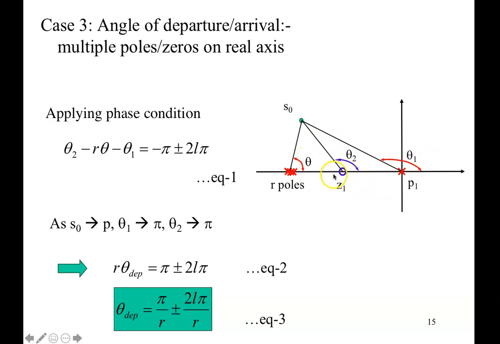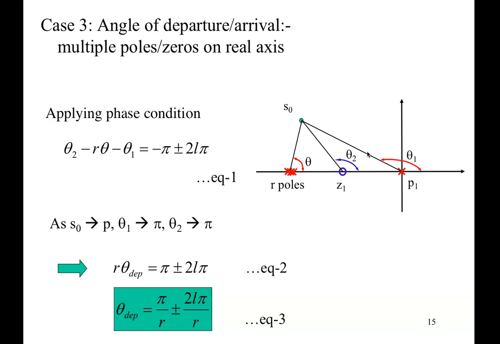I'm going to draw a line from this open loop zero towards that S0. This will give me an angle of theta 2. Also I'm going to draw a line from that point P1, the open loop pole, towards my test point, and that will give me the angle of theta 1. All the angles are between these lines and the positive real axis.